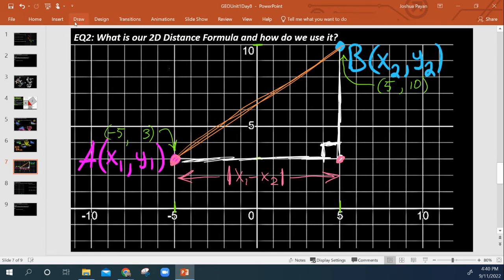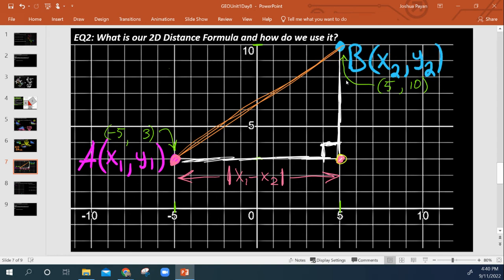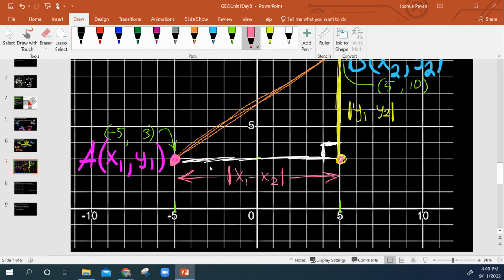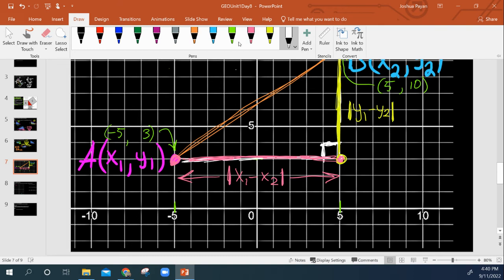Okay, and we can also say that from this point to this point, well, this would be our distance in the y dimension, right? That's how long this side right here would be. Okay, so we've got a distance in x, we've got a distance in y, right? What we can do is come up with a formula for this.